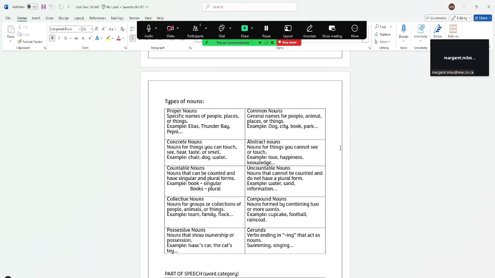Possessive nouns that show ownership or possession. For example, Isaac's car, the cat's toy. And the last one, verbs ending in ing that act as nouns. For example, swimming, singing.